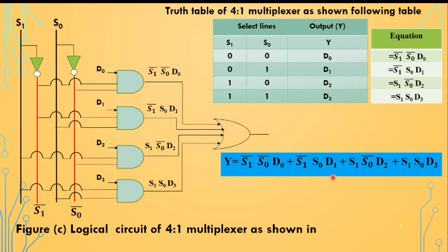This equation we also get by using the logical circuit of the 4 by 1 multiplexer as shown in this figure C. Here we are using 4 AND gates and 1 OR gate. The OR gate is used for the addition logic, and the AND gate is like a multiplication logic.